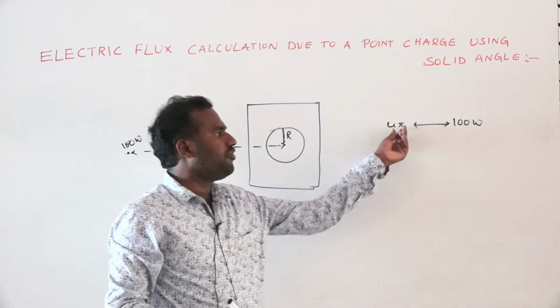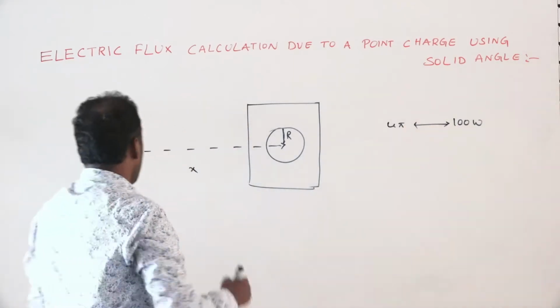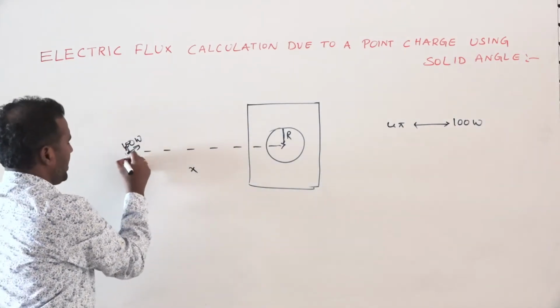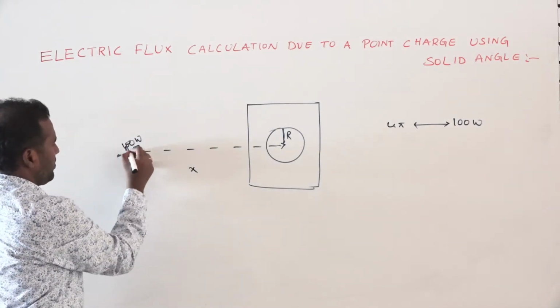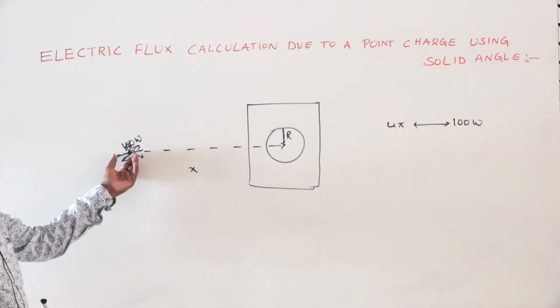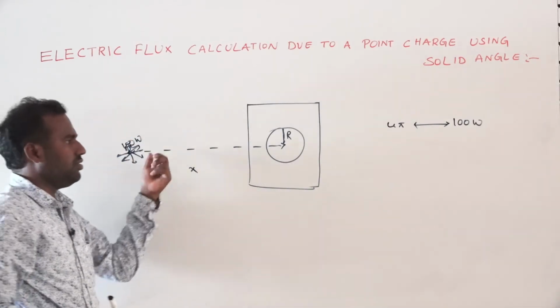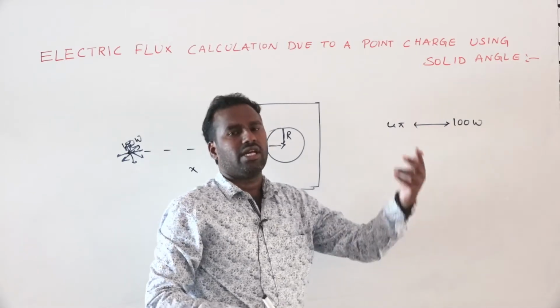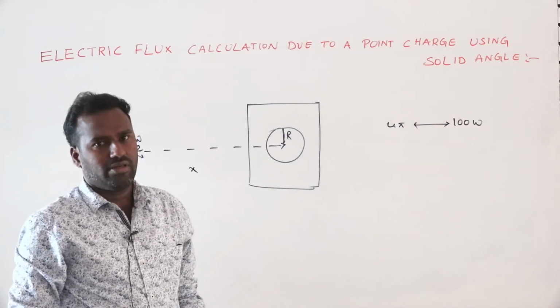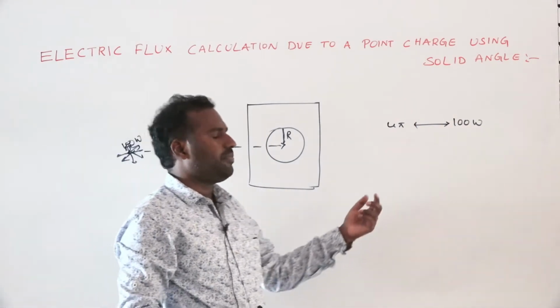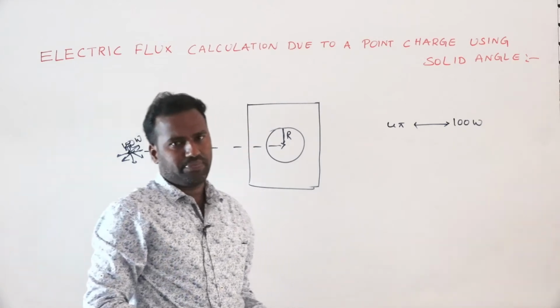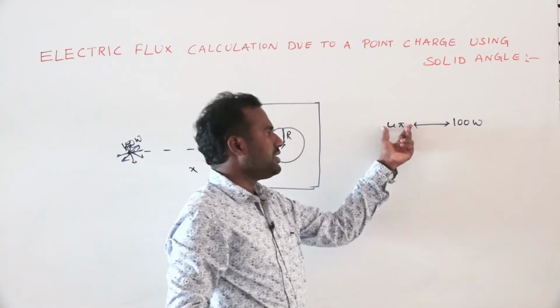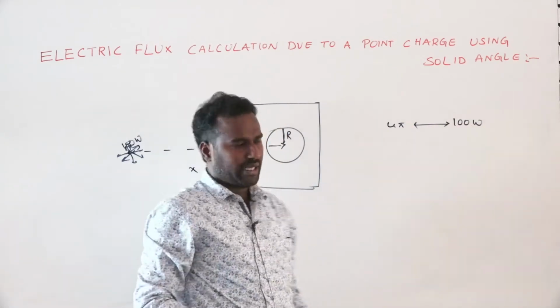For a solid angle 4 pi, this 100 watts is there, because the light source emits light in all directions. As we know, a solid angle is a 3-dimensional measurement, while a plane angle is a 2-dimensional measurement. So, for 4 pi steradian, 100 watts is there.